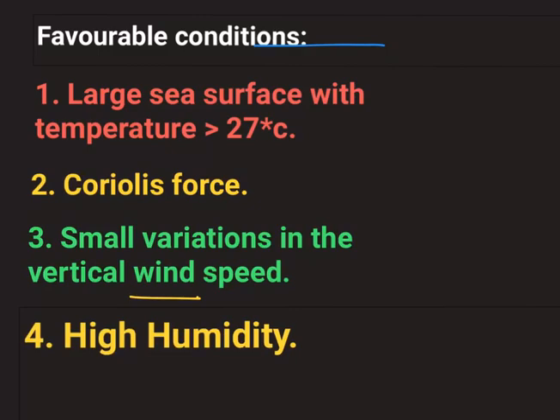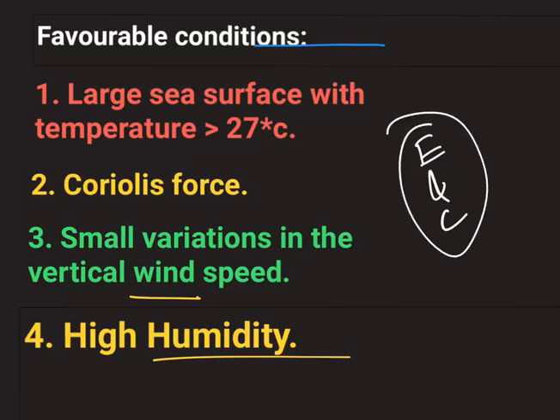And the fourth factor which is necessary for the formation of a cyclone is high humidity. In the absence of humidity, the cyclones become weaker and eventually die off. This is the reason why cyclones become weaker when they pass on to land from the sea surface. Basically, any cyclone intensifies or weakens because of evaporation and condensation, and these two factors are generally guided by the presence of high humidity.